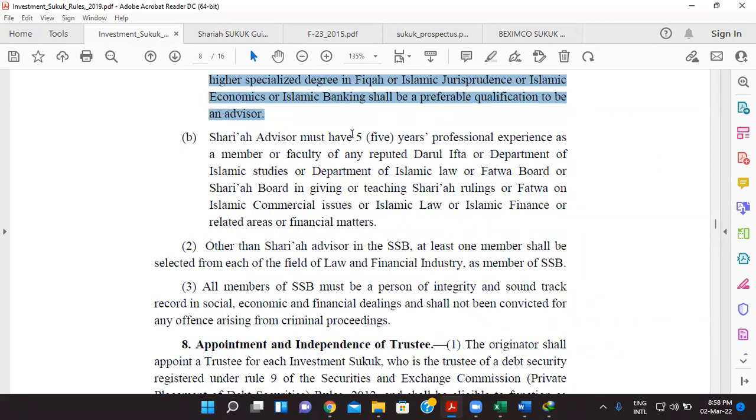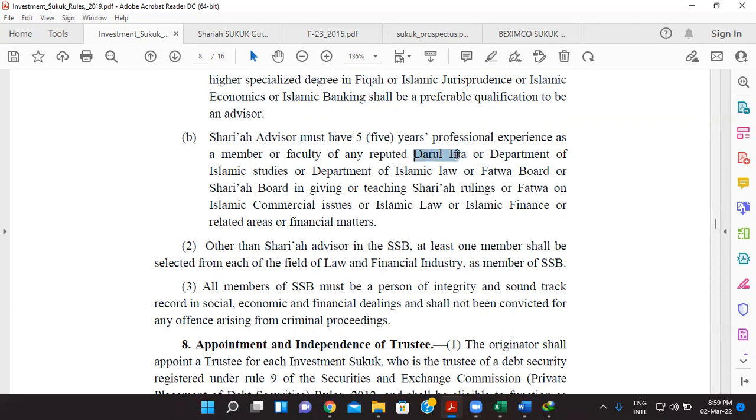The Shari'ah advisor must have, actually in a legal document "shall" is a stronger word than "must", okay, "shall" actually indicates the must, but they have mentioned here must have 5 years of professional experience as a member or faculty of any reputed Darul Ifta.